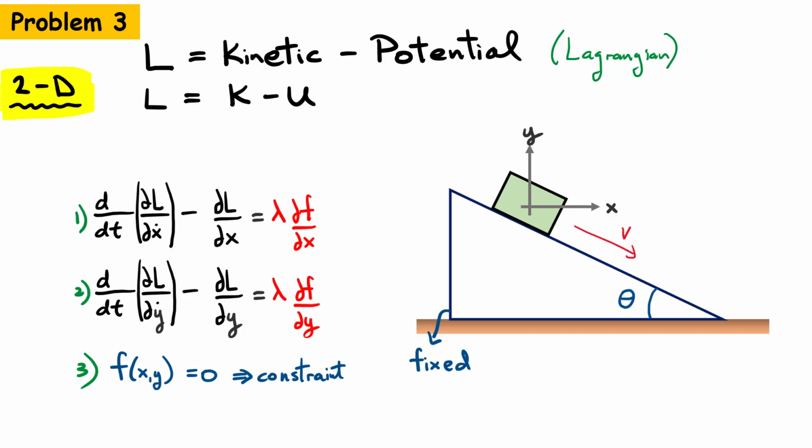I'm also going to have some gravitational potential energy in the system because as it moves, the height changes, and therefore the gravitational potential energy changes. Since my problem will involve both of these coordinates, you end up writing two Euler-Lagrange equations.